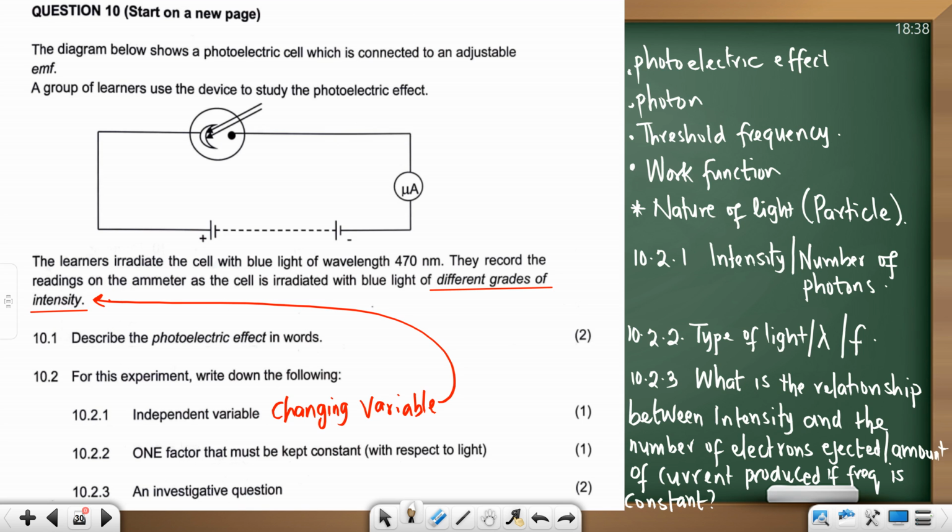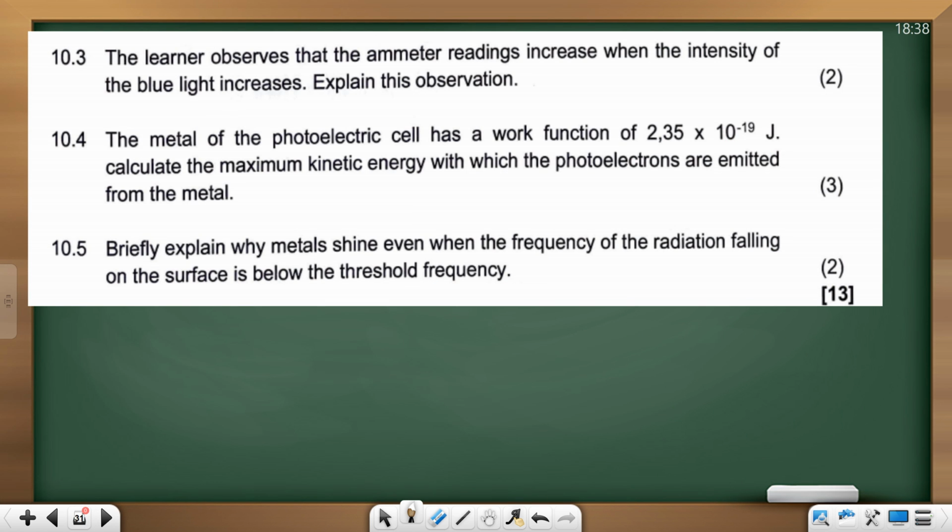Okay. Can I move? Everybody good? Now let's answer the next. How many questions? 3, 2, 2, 7. Chris, I just explained what investigative questions are. It is a question, just what is the relationship between, you mentioned the independent, you mentioned the dependent, and you mentioned the constant. That's all.